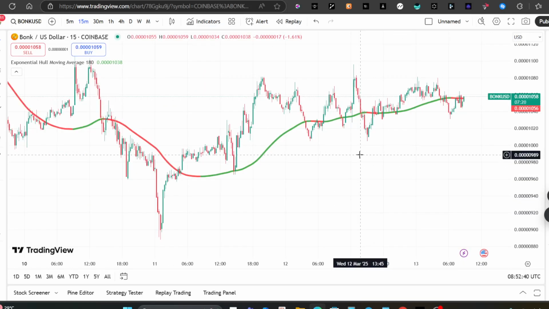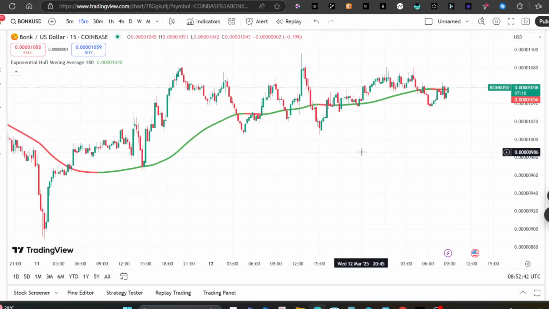First, we apply a weighted moving average to the price over a short period. Next, we apply another WMA to smooth out the first calculation. Finally, we use an exponential function to speed up the response time, making the indicator faster and more accurate than a standard HMA.